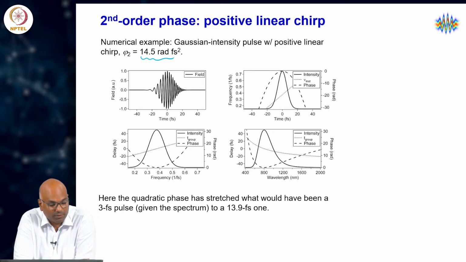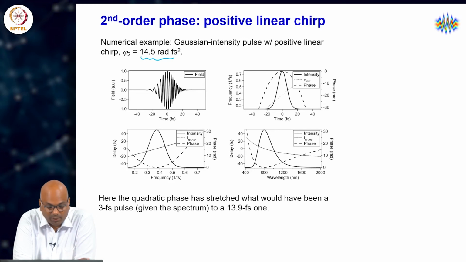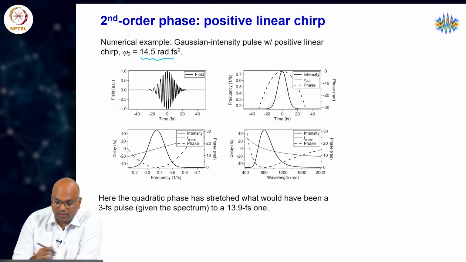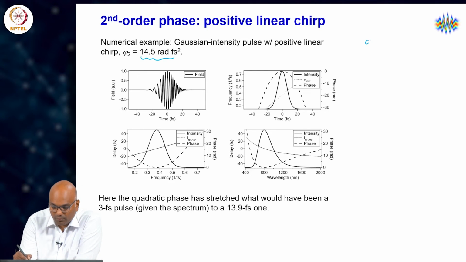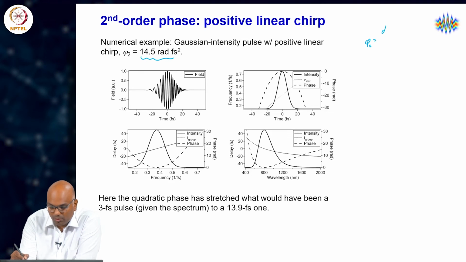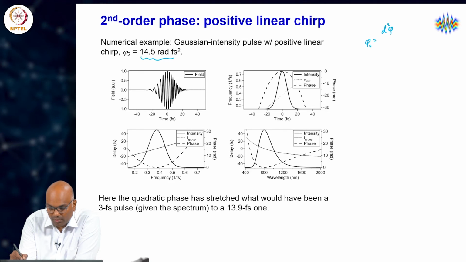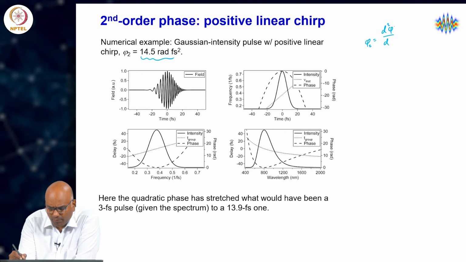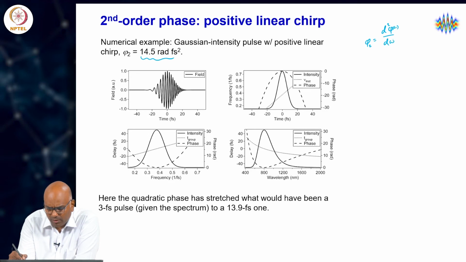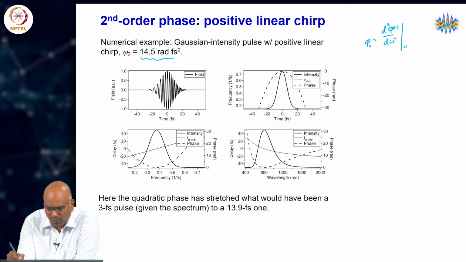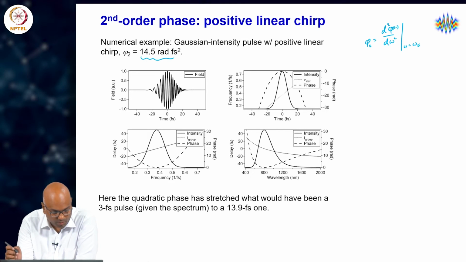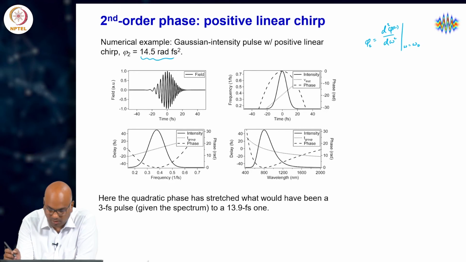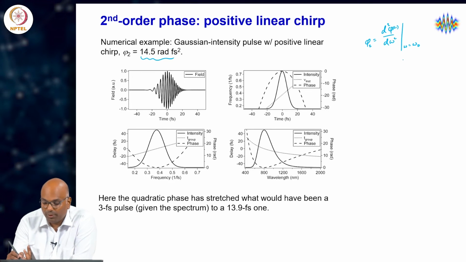Now this is something I must explain for the units that we use. So, we have phi 2 to be d2 phi of omega divided by d omega squared, computed at omega naught.